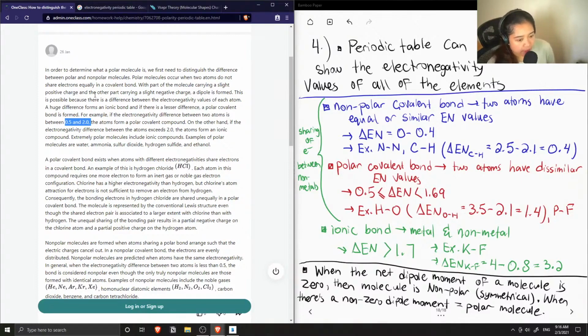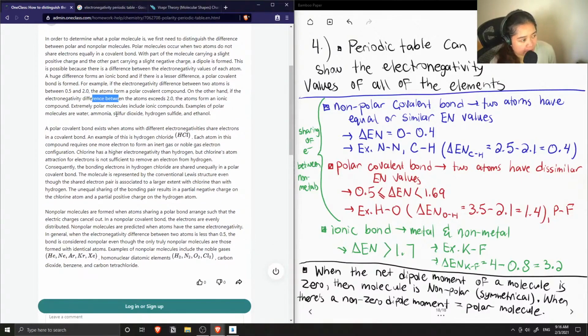But again, if it's greater than 1.69 but only contains two nonmetals, then you know that it's polar covalent. On the other hand, if the electronegativity difference exceeds 2, the atoms form an ionic bond. Extremely polar molecules include ionic compounds, and they have some examples.